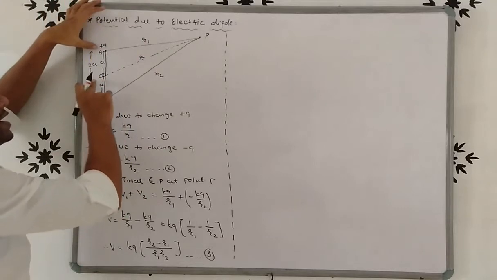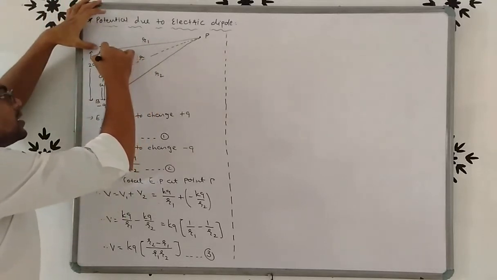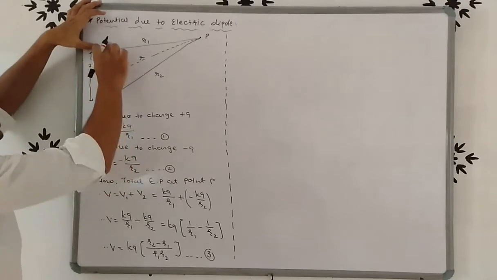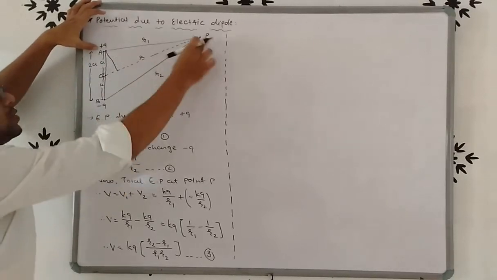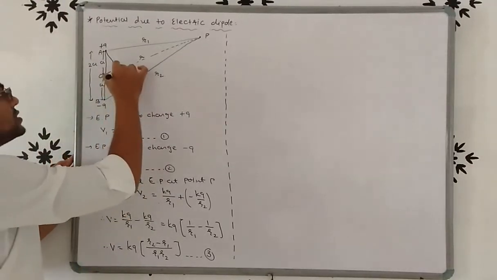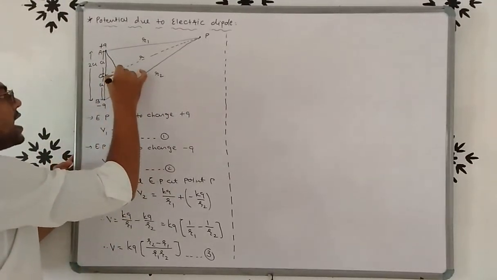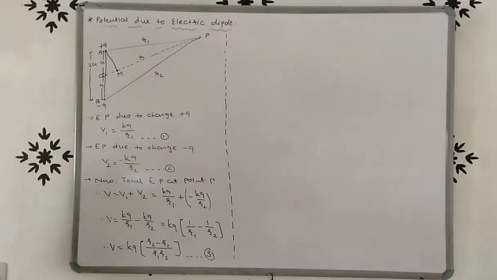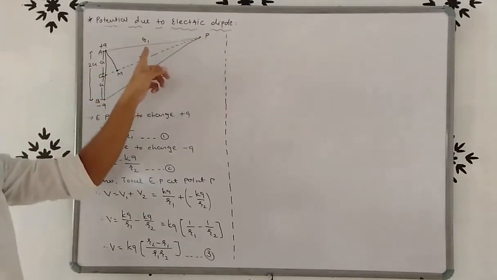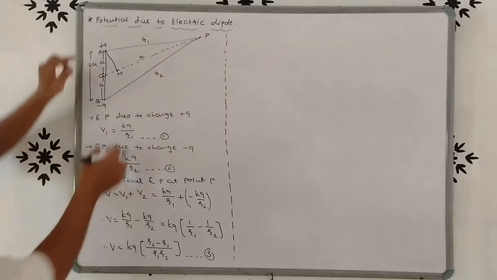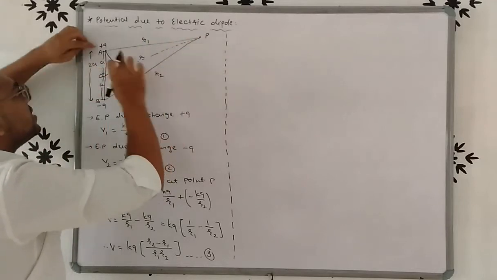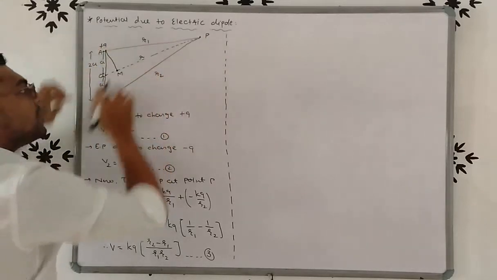Now friends, to derive the relation between R1 and R, we draw a normal from point A to OP. So this is the normal, and suppose this point is M. Now the total distance from O to P is R. But see the figure: the distance between M and P is the same as AP, that is R1.